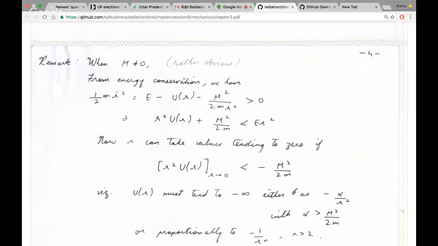Now r can take values tending to 0 if r square U of r is less than minus M square by 2m. Where is this E thing going? Okay, r tending to 0, so E r square will go to 0.